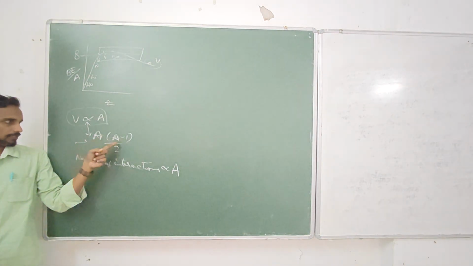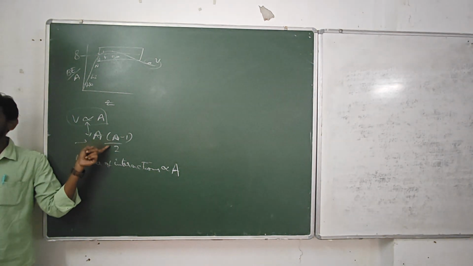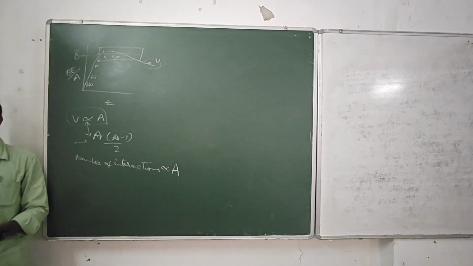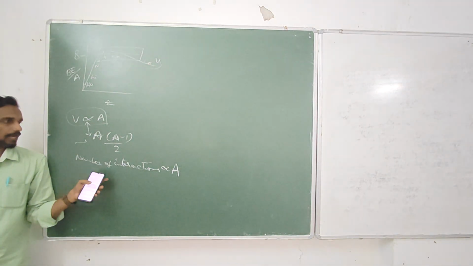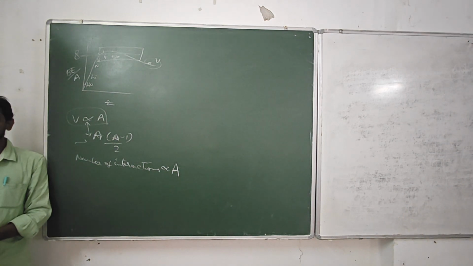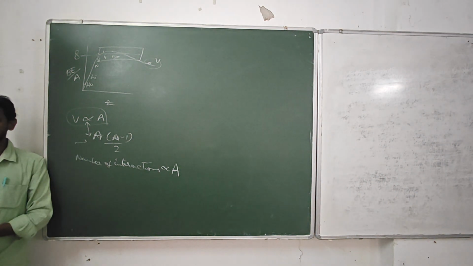So if a new particle enters into picture, actual number of interactions should be n into n minus 1 by 2 or a into a minus 1 by 2, whatever that new particle count. But practically, that number is now proportional to n. Nothing beyond that. Because of the shielding produced by neutrons. All these interactions we are talking about are between the protons only.